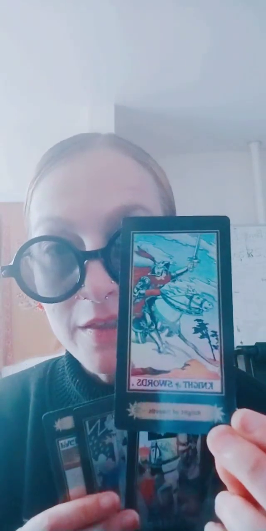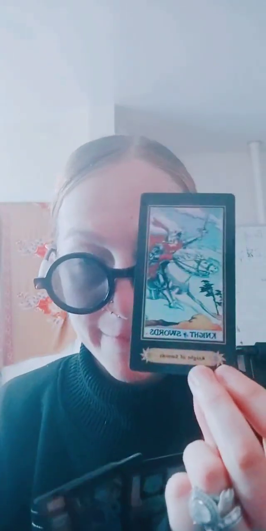If it's signified any further by cards like this, the Knight of Swords, this is an exfiltration attack with these cards. Okay?